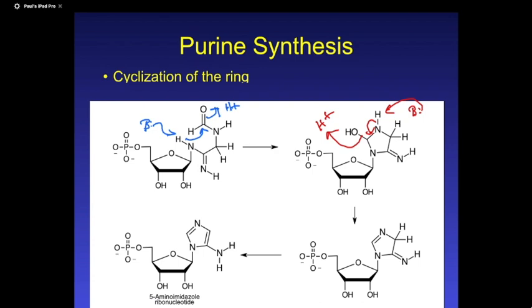SN2? The 2 is correct. Did I substitute something? Was something there and then I substituted on the same carbon? No. I've done what? Elimination. So this is an E2. Okay. That will also be a type of question where I'll draw out the mechanism, have the product, and you'll have to identify. All right.